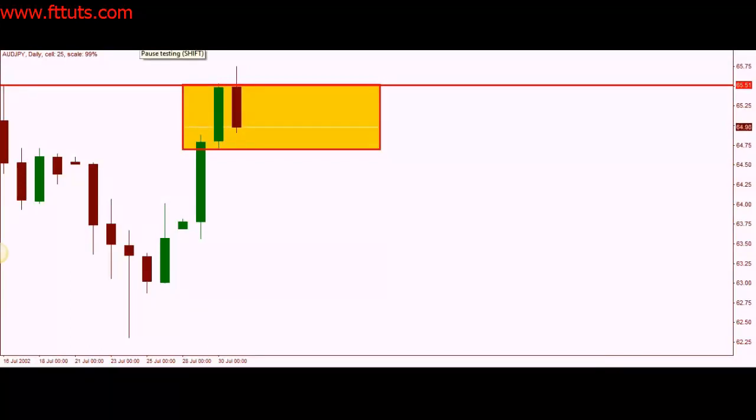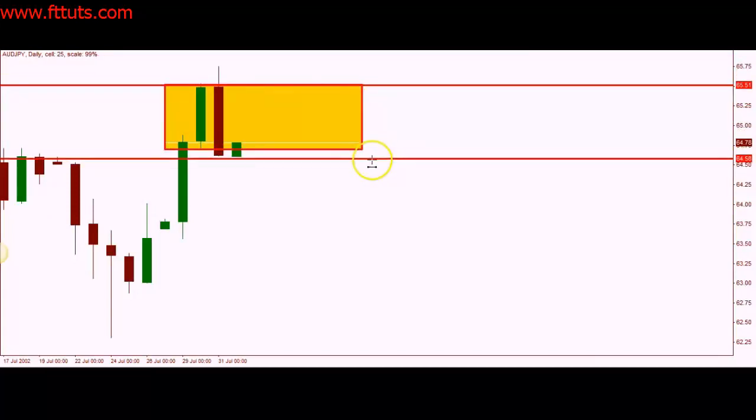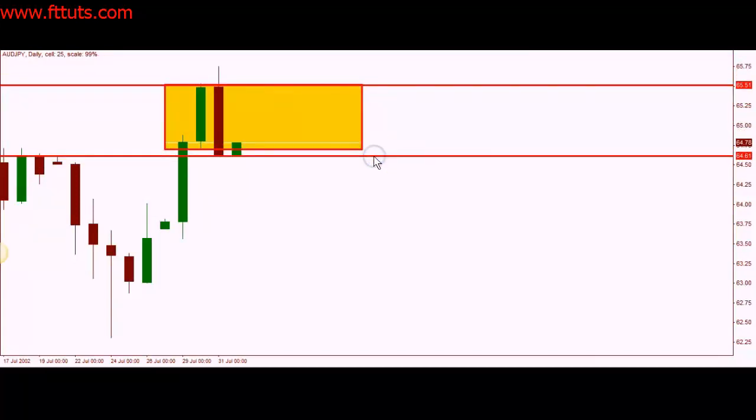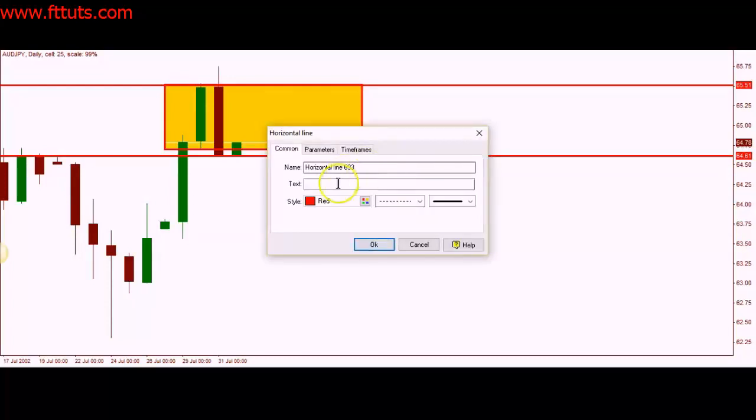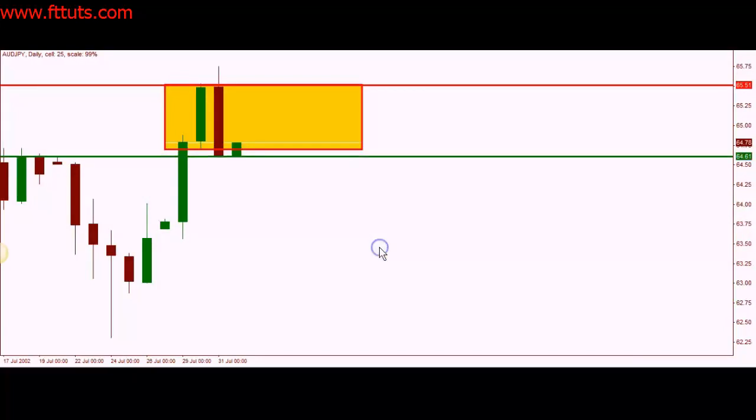So we don't know that this is a bearish engulfing candle yet, but now we do. It closed outside of this level. So automatically my trade is here. And again, this is quite big, but I entered the market there. So that's going to be green to let you know that's my entry.